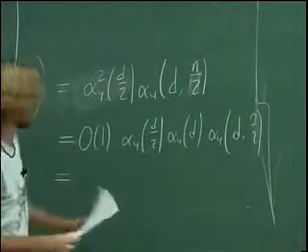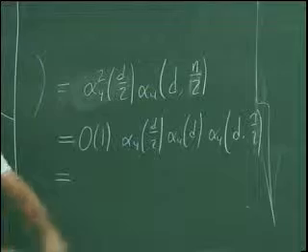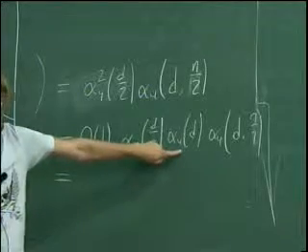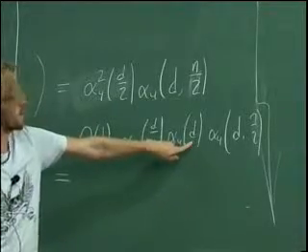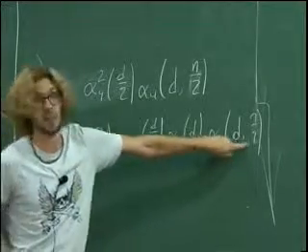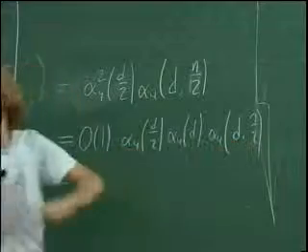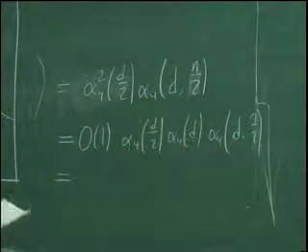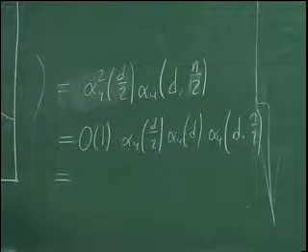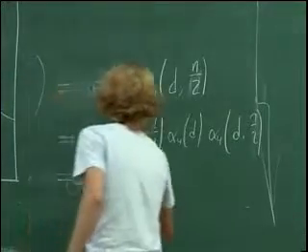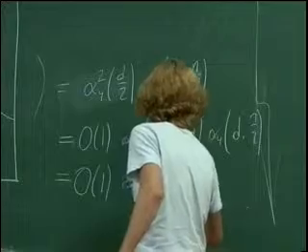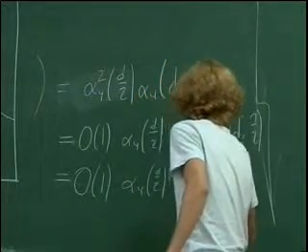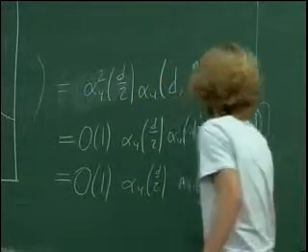And now what happens? Recall quasi-multiplicativity says that for arm events out to a box times arm events from that box out to an outer boundary, these multiply up to a multiplicative constant. So this is actually the same as big O of 1 alpha 4 of d halves alpha 4 of n halves.